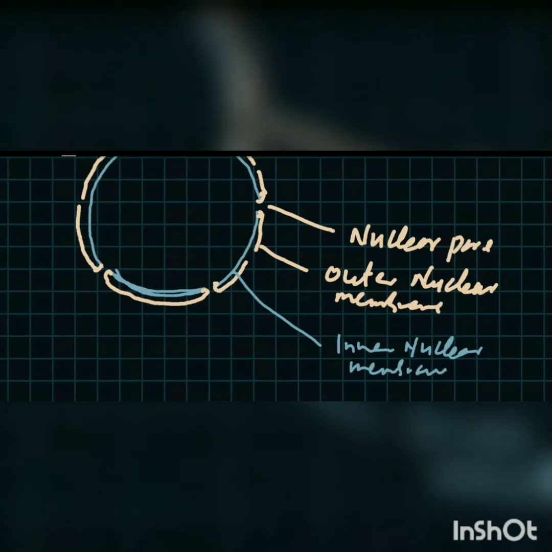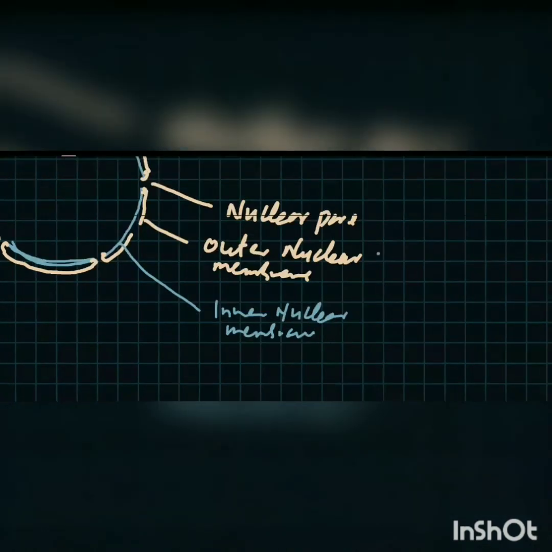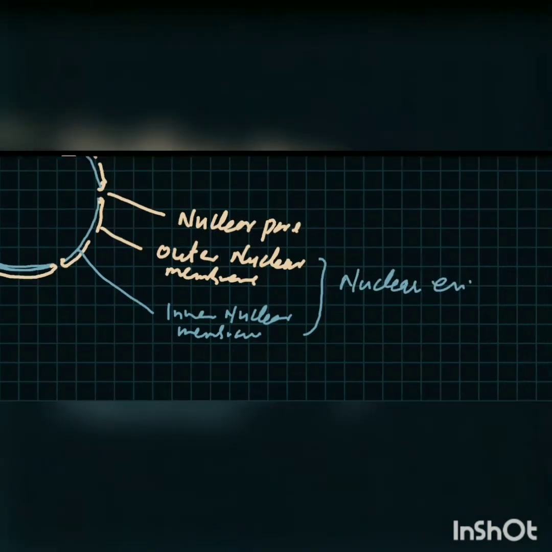Collectively, both these are known as nuclear envelope. इलेक्ट्रॉन माइक्रोस्कोप के नीचे जब हम इस न्यूक्लियर मेम्ब्रेन्स को लेबल करेंगे तो वी विल लेबल देम एज न्यूक्लियर एनवेलप rather than nuclear membranes.